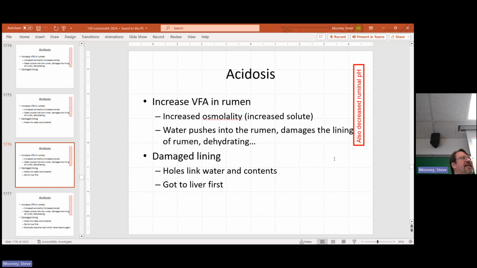So all of those leaking contents are going to end up in the liver. So if you've got a cow with subclinical acidosis, little leaks over time, you're going to start to get liver abscesses. As little bits of contents end up in the liver, they're going to become infected.